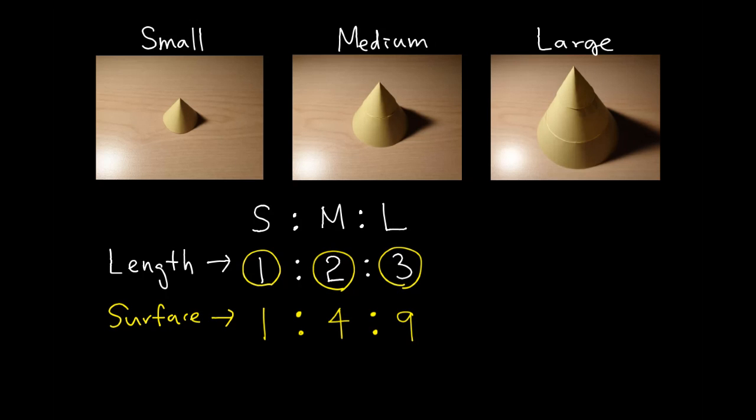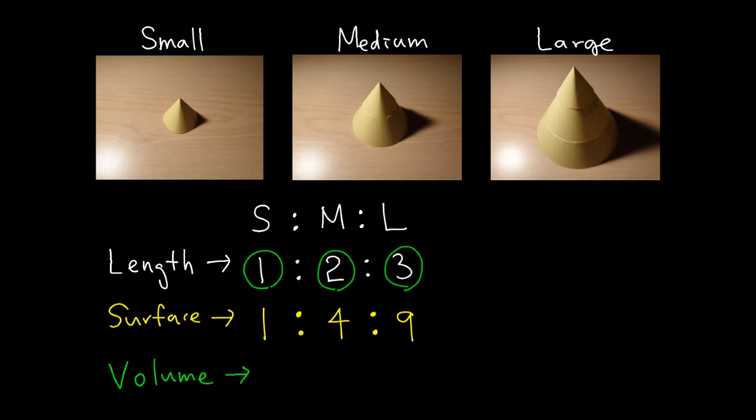So the surface area ratio of the small cone to medium cone to large cone will be 1 to 4 to 9. But the ratio we are more interested in to find the answer to the question is, of course, the volume ratio. And the volume ratio can be found by cubing each of these numbers.